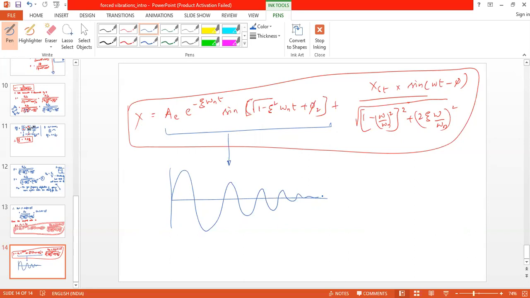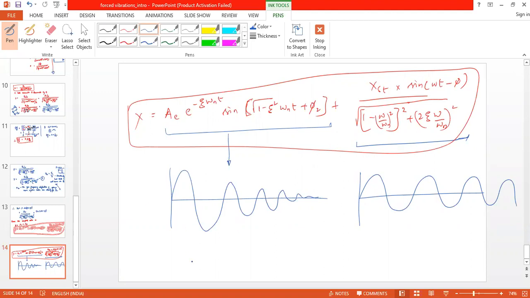Yes, sir. And this one is the particular solution. If you plot the graph, it will be steady, continuous.